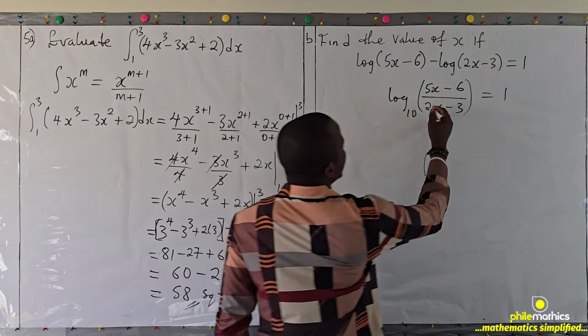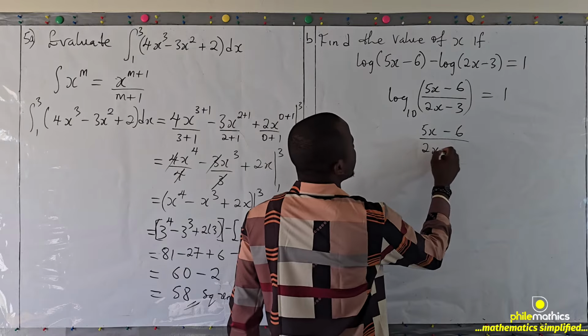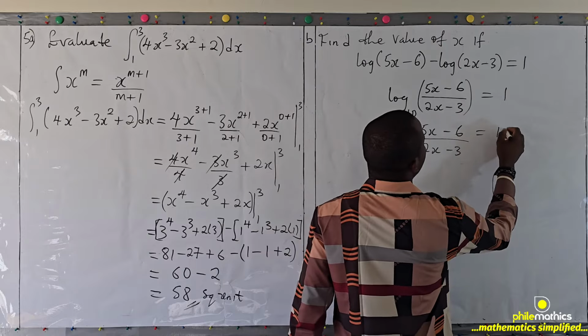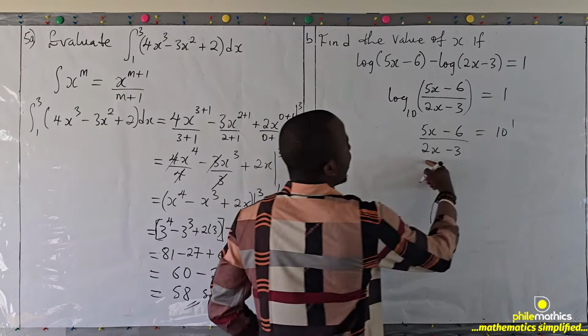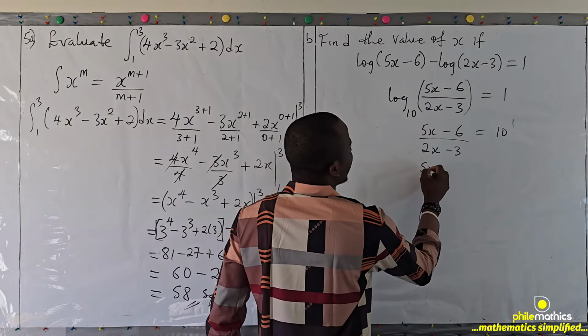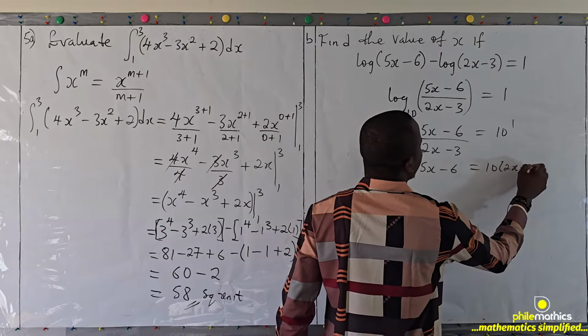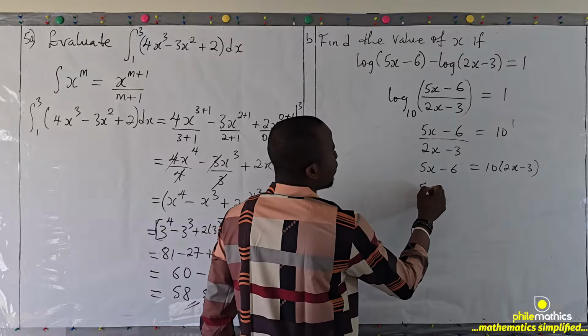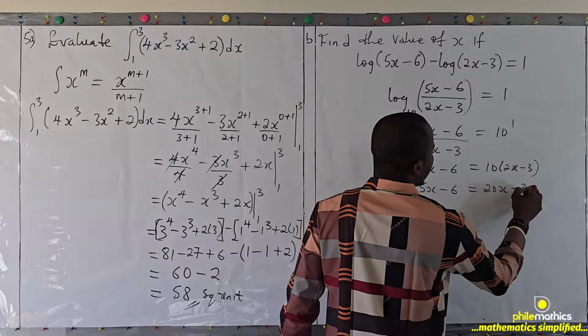And we do that, it will be (5x minus 6) over (2x minus 3) equals the base to the power. And 10 to the power 1 is 10. I can cross multiply. I have 5x minus 6 equals 10 times (2x minus 3). Let's open the bracket. 5x minus 6 equals 20x minus 30.